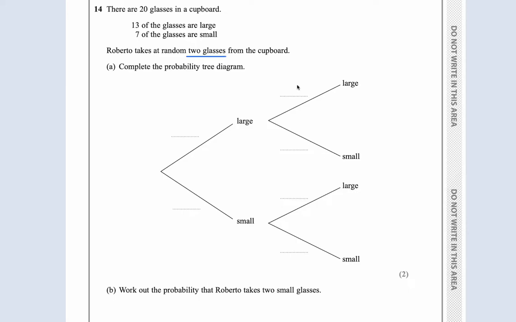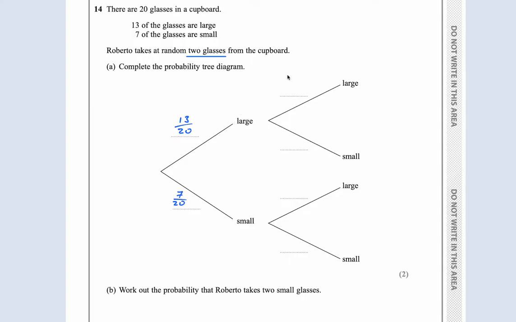So the probability on the second branch will change. That's important. So 13 are large, so the probability of taking a large glass at the start is 13 over 20. And I'll do 7 over 20 here as well, because there's 7 small out of 20, so that should be hopefully easy.